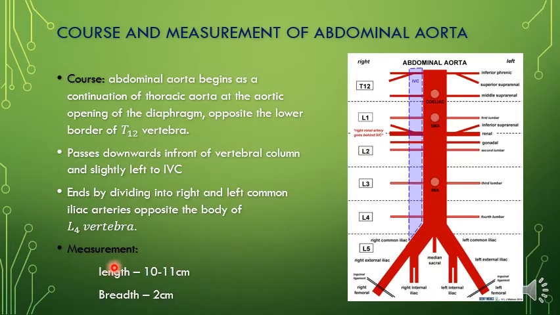Then coming to the measurements, the length of the abdominal aorta is around 10 to 11 centimeters. So this length from the lower border of T12 to the body of L4 is around 10 to 11 centimeters, and the breadth or width is 2 centimeters.